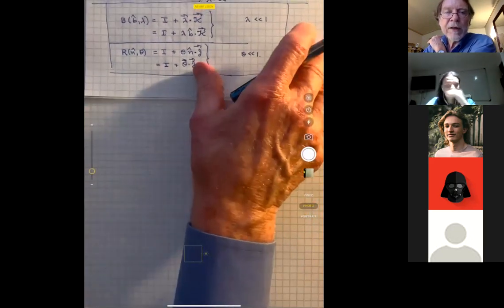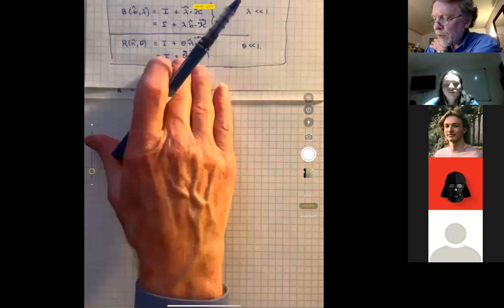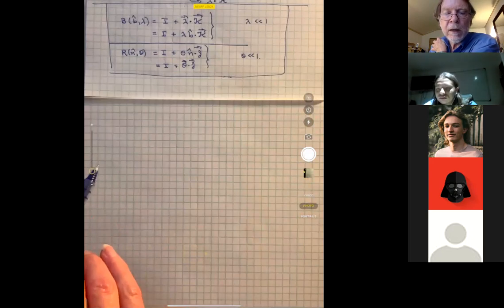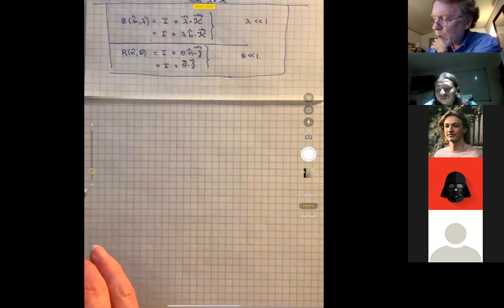There's a nice theorem which I won't prove. The proof would take us rather much on a tangent to go into it.